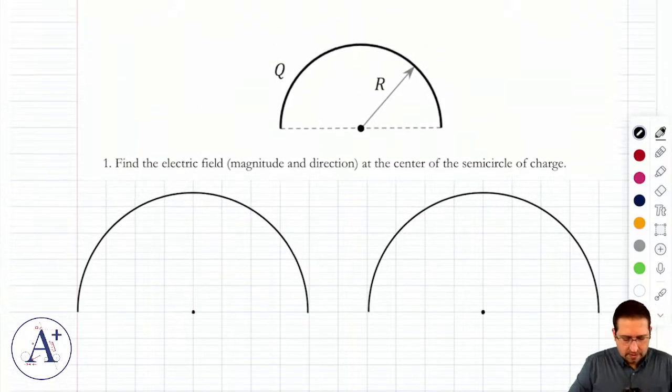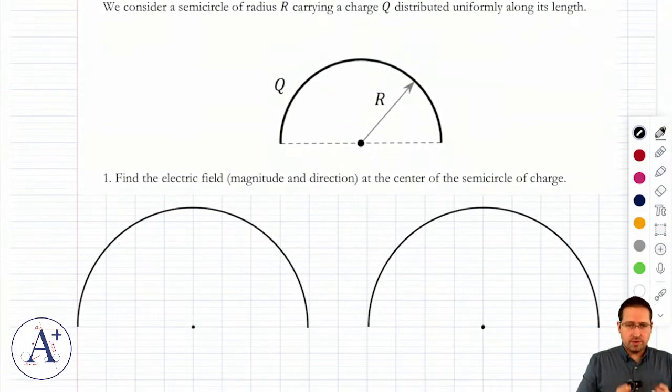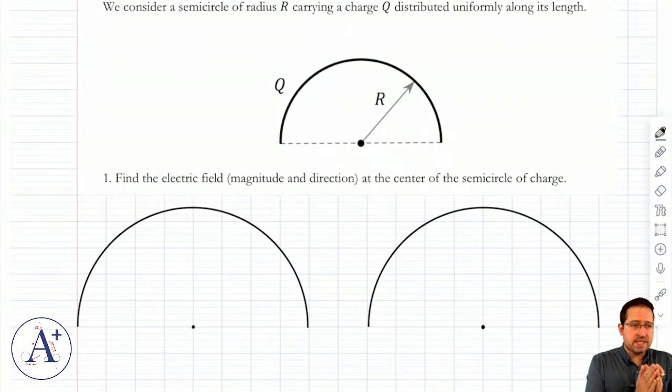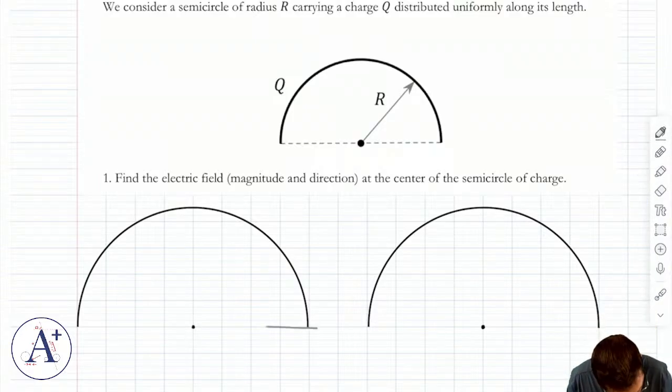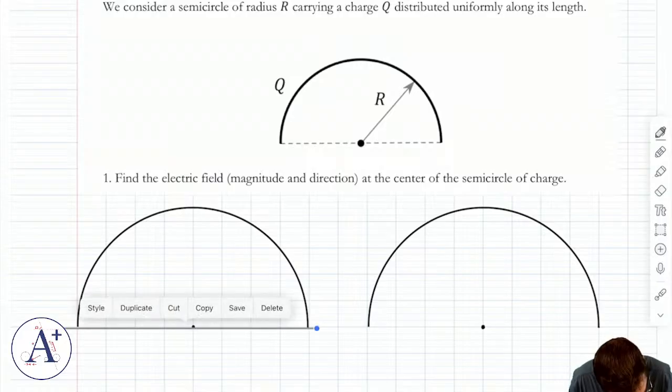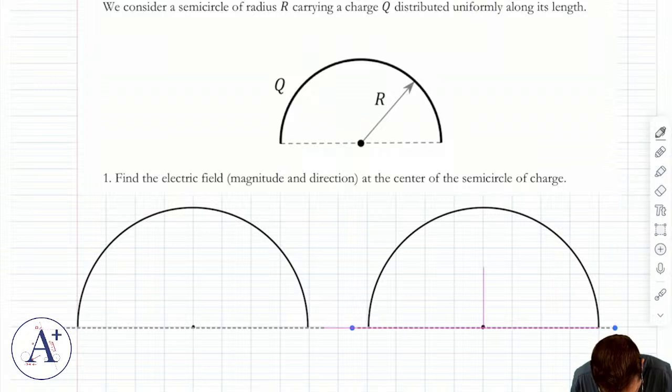Okay. Now what we're going to do is consider a tiny piece of the semicircle, and we're going to consider a piece so small, in fact, that we can treat it like a point charge. And if we can do that, well, then that's nice because we then have a formula for the electric field that that little piece is going to create. Yeah?